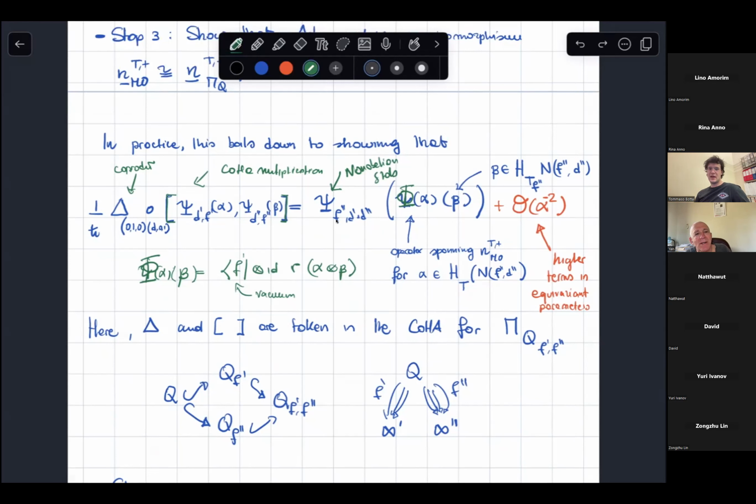Is it possible to construct the full Koha for the pre-projective algebra intrinsically?